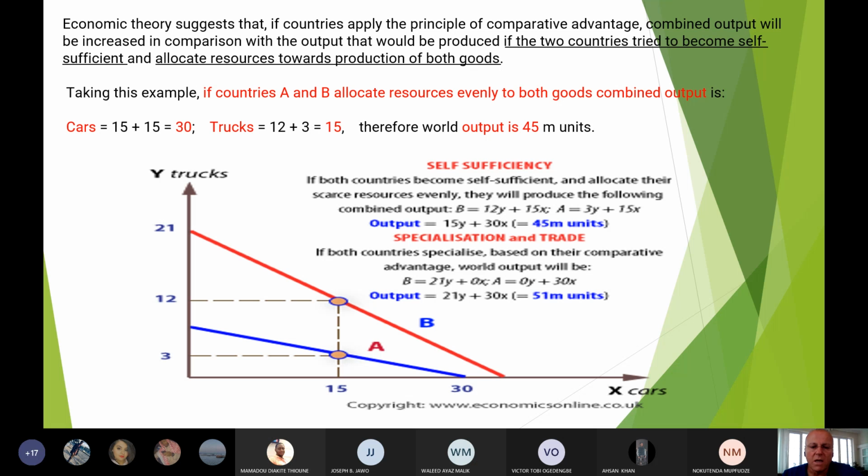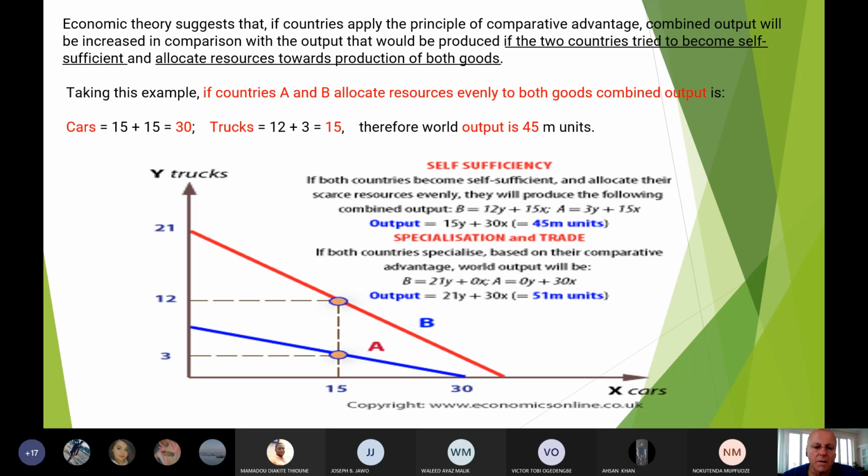Then the output is going to be 21 units for the y, which is the trucks, and 30 units of x for the cars. Then the output in the world market is increasing in the given scenario when they are giving up each other's production.